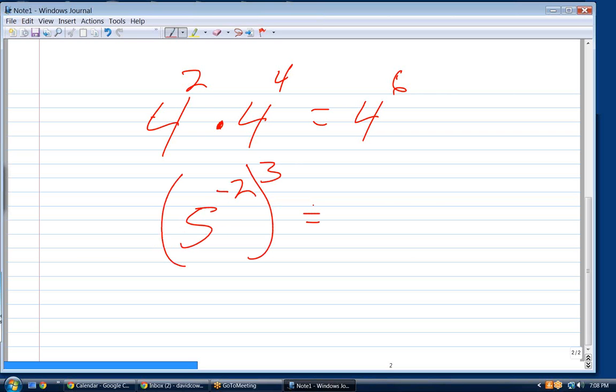Is that equal to? Is that a 5 or an S? I'm sorry, that's a 5. Wouldn't really matter, though. Let's make it an S. 5. 5 to the negative 6th. There you go. Because we're exponentiating, we want to do multiplication.